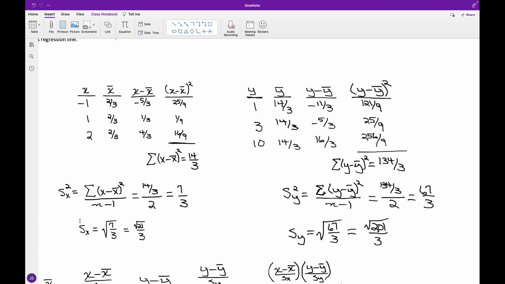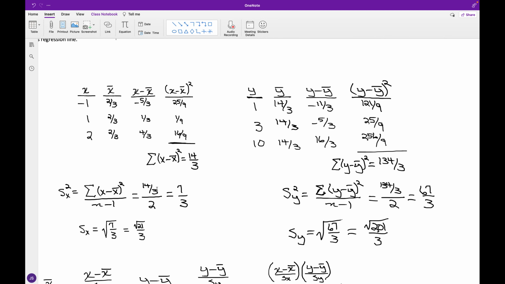Starting with the sample standard deviation of the x values, the square of this is equal to the sum of the squares of the differences we just attained, divided by the number of elements involved minus 1. So n was 3, and 3 minus 1 is 2, and the sum of interest we had at 14/3.